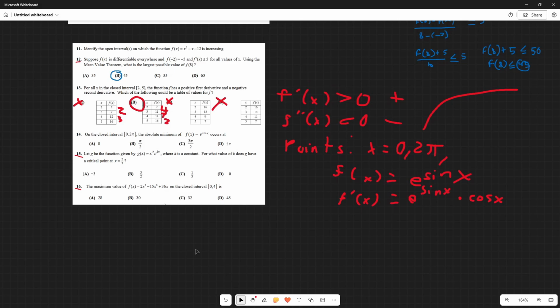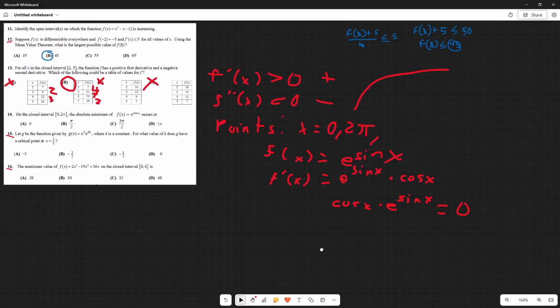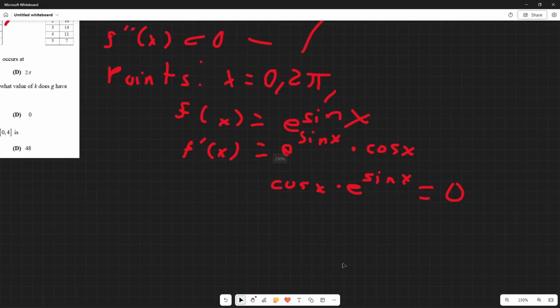We find cosine x times e to the sine x equals 0, right? So we know that e to anything can never be 0, right? So that means we just need to find where cosine x equals 0, and that's going to be pi over 2 and 3 pi over 2. Okay. So let's add those to our list.